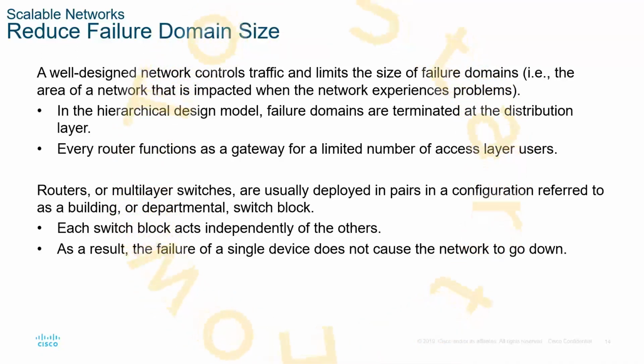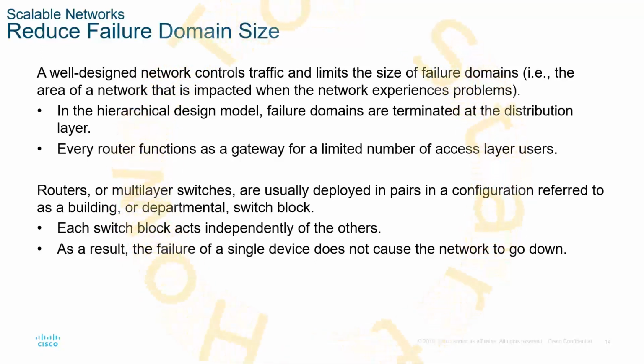For example, if a distribution switch goes out, that's going to affect, in our example, maybe one building. We can limit that by having 2 distribution switches there and having each access switch connected to both of them. That way, if one distribution switch goes out, everything will be switched to the second distribution switch.